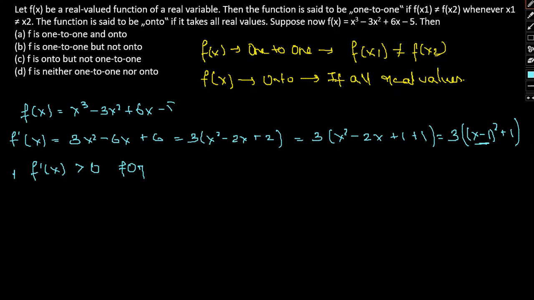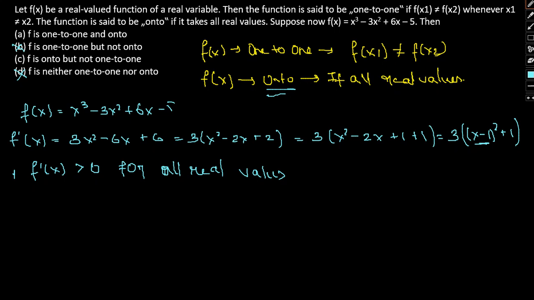So it is definitely greater than 0. So for all real values, yes, f is an onto function. This condition is satisfied, so b gets cancelled, c gets cancelled.